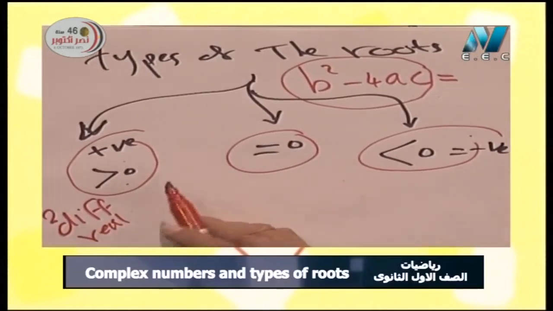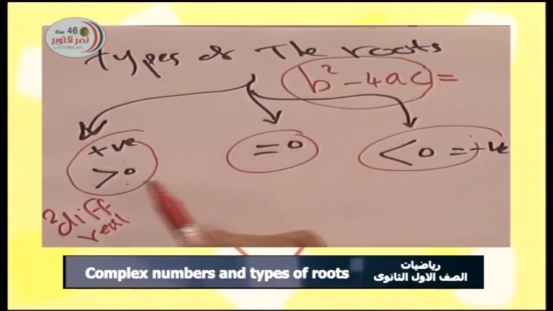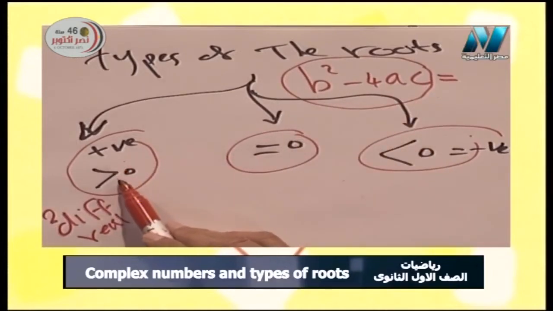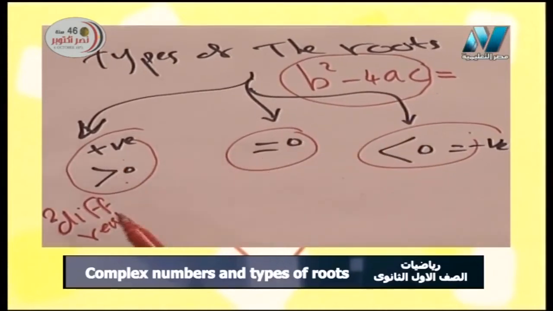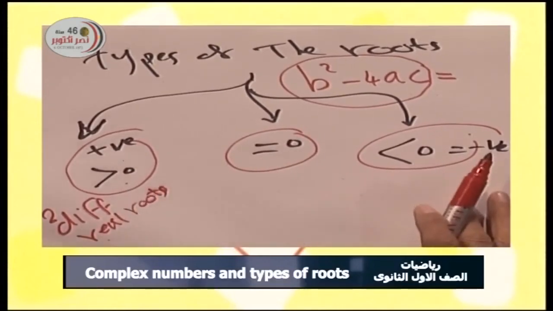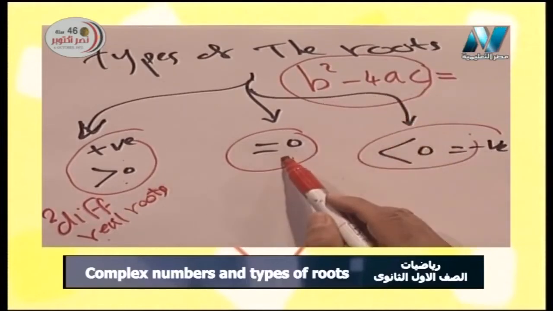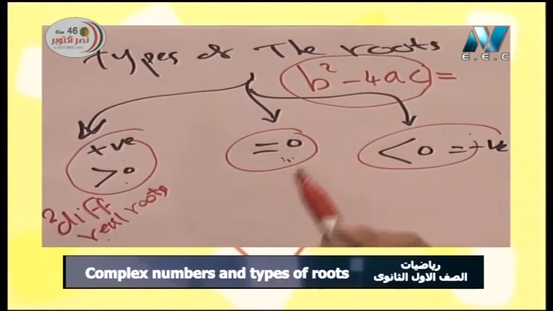We predict that if b power 2 minus 4ac equals a positive number, or greater than 0, the two roots will be two different real roots. And if b power 2 minus 4ac equals 0, then we know that the two roots are equal real roots.